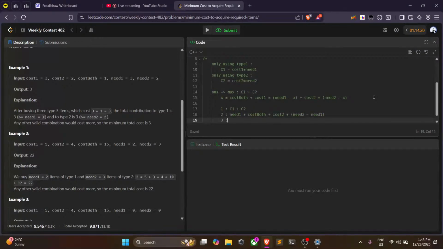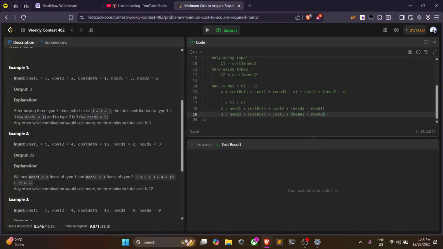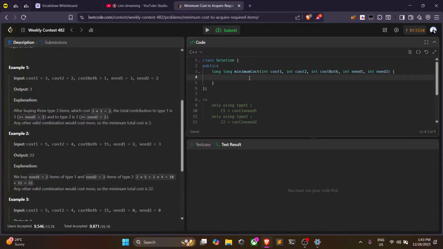And scenario 3 would be we are taking need 2 times this, then it's already covered for cost 2, so we'll only need this much. I think this is the ultimate answer.